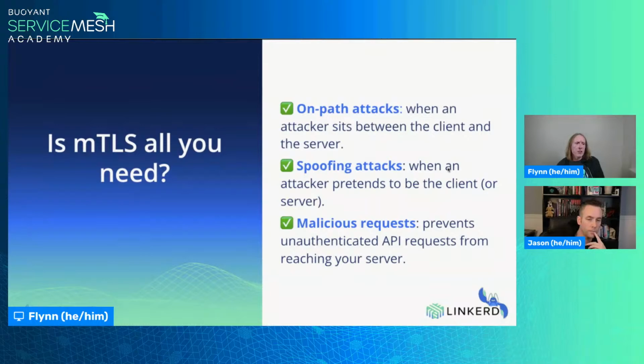Same thing applies if you have an attacker pretending to be me. If Catherine goes through and talks to Jason and says, "Oh, yeah, I'm totally Flynn," Catherine will not have my private key, so she won't be able to do anything. We can also do things with mTLS since we're doing client authentication.